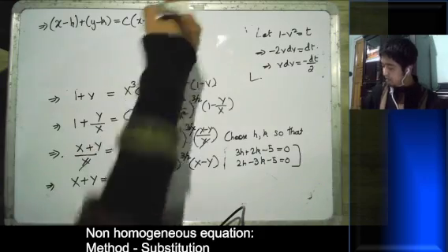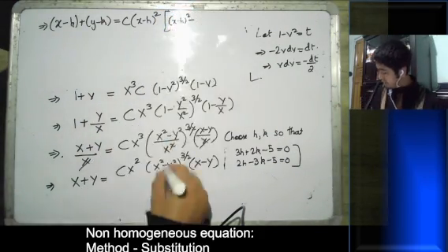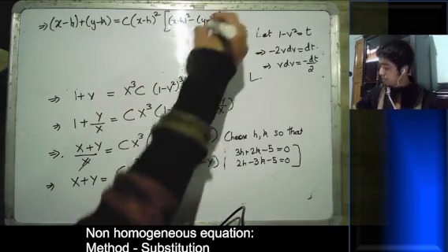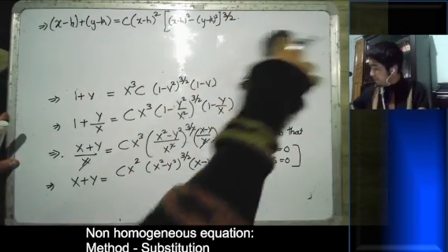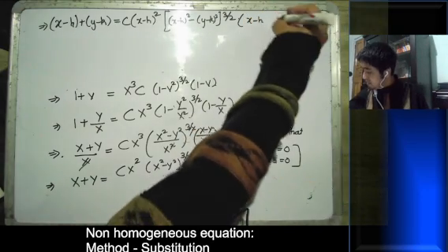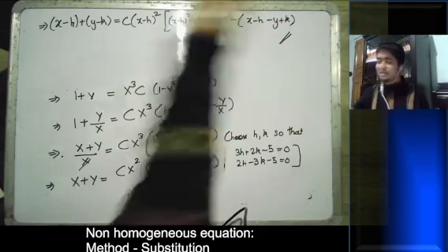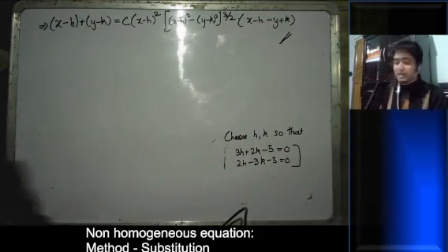Similarly everywhere, replace x by x minus h, whole thing square minus y minus k, whole thing square, power 3 by 2, and you will be having x minus h minus y plus k. So we can leave the answer like this, or we can actually find the values of h and k.